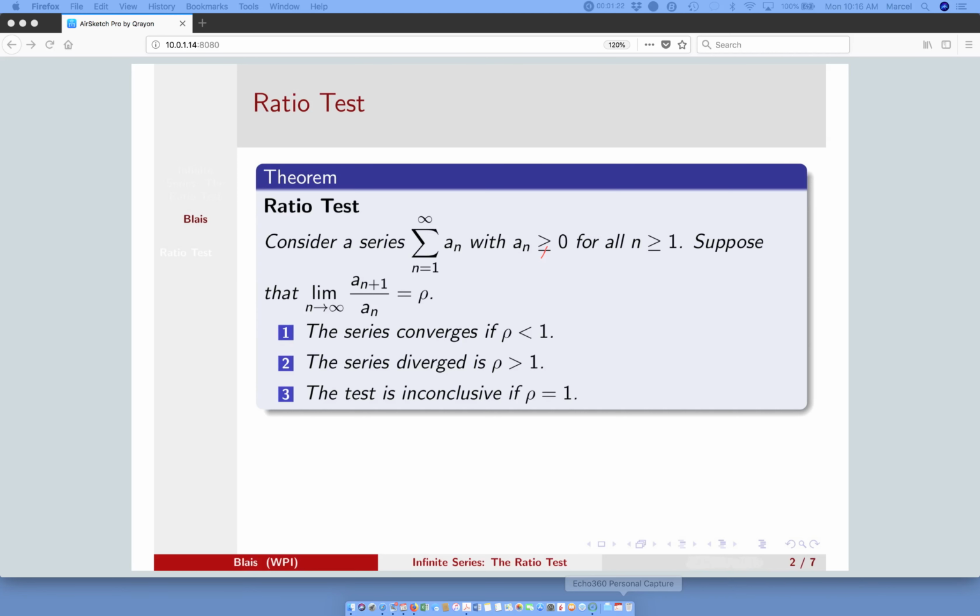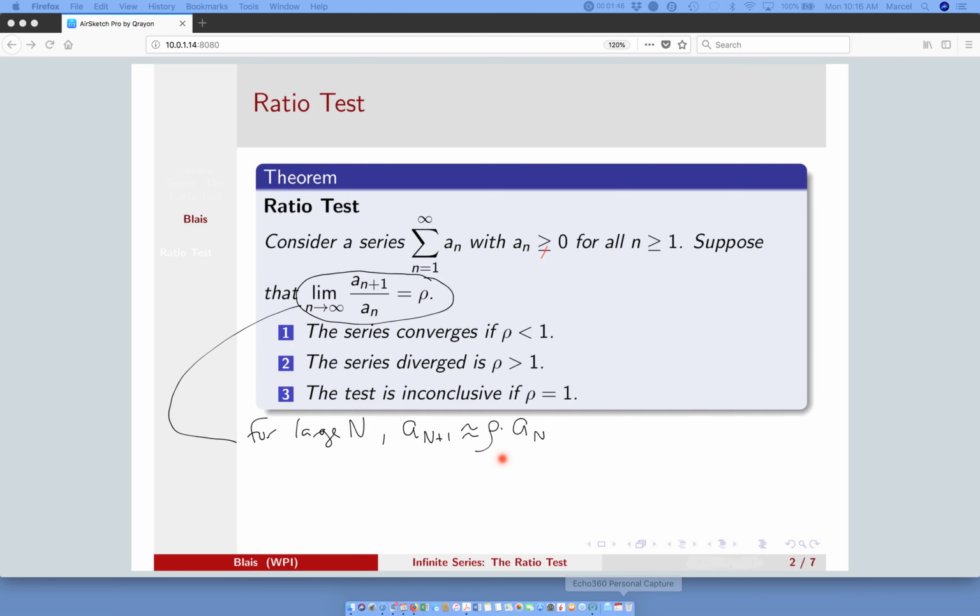So what's the idea here? Well, the idea is if we focus on this limit, what this says is that for large n, a_{n+1} is approximately rho times a_n.